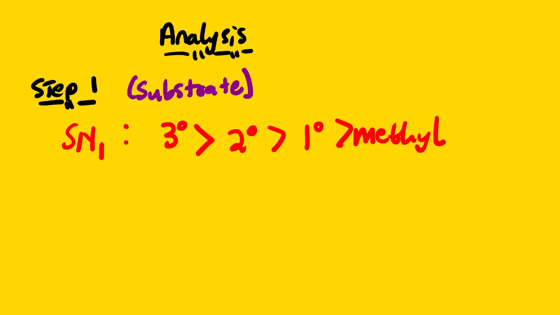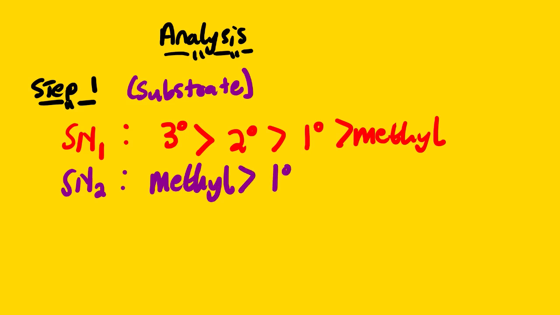The most stable is a tertiary alkyl halide, followed by secondary, then primary, and the least stable is the methyl halide. And then in SN2 we have the reverse, where methyl halides are very much favored, followed by a primary alkyl halide, then a secondary alkyl halide, and lastly a tertiary alkyl halide.